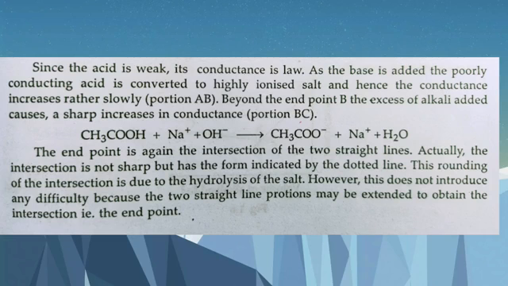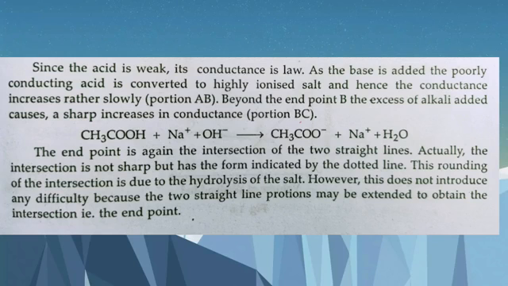Likewise, the end point is again the intersection of the two straight lines. Actually, the intersection is not sharp but has the form indicated by the dotted line. एकदम sharp नहीं होगा वो, आप जैसे देखे हो, ठीक है, इस तरीके से.